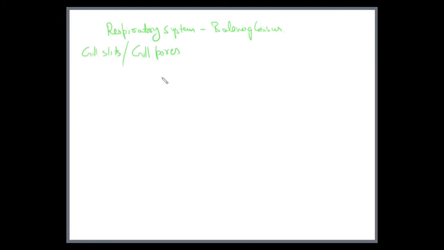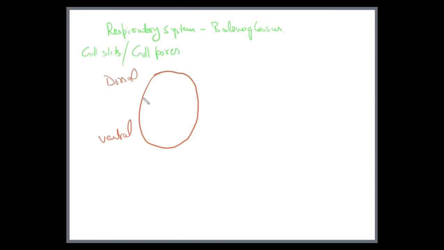As I mentioned earlier, the pharynx of the balanoglossus is divided into two parts. Suppose this is the pharynx of the balanoglossus, which is divided into two parts, dorsal and ventral, by a ridge called the parabranchial ridge.